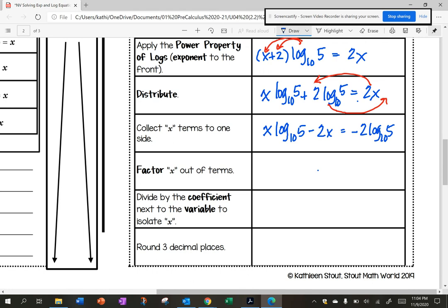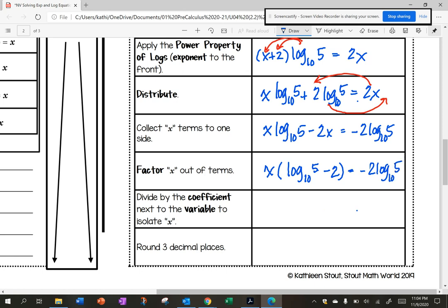At this point I have two terms on the left with x, so I want to factor out x. So this is x times log base 10 of 5 minus 2 equals negative 2 log base 10 of 5.